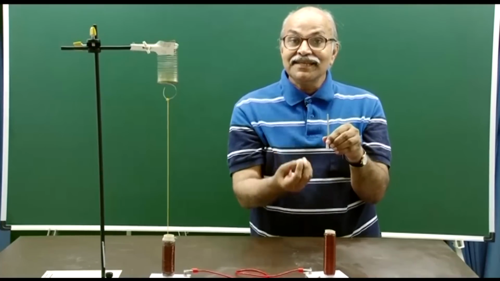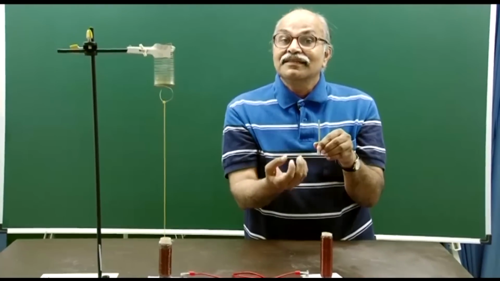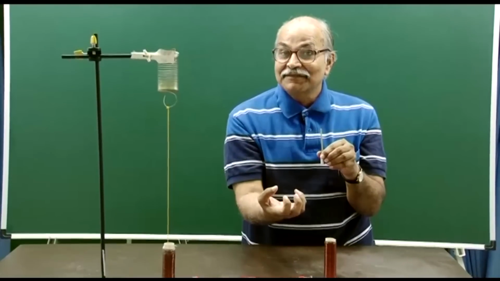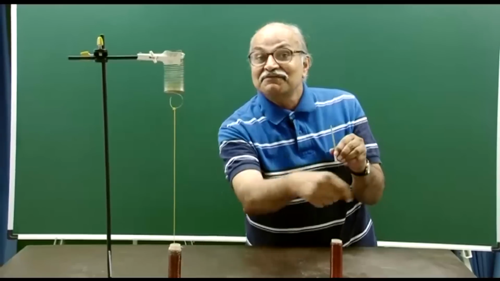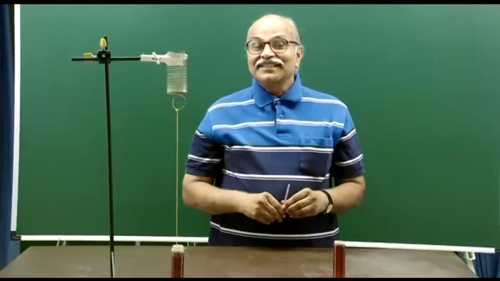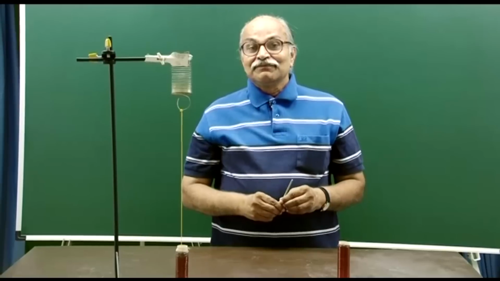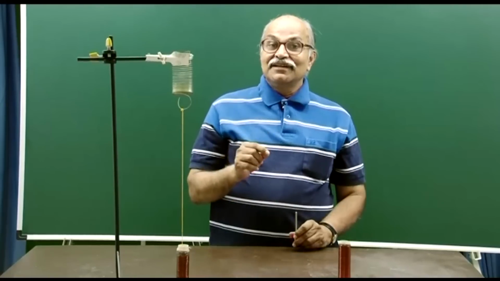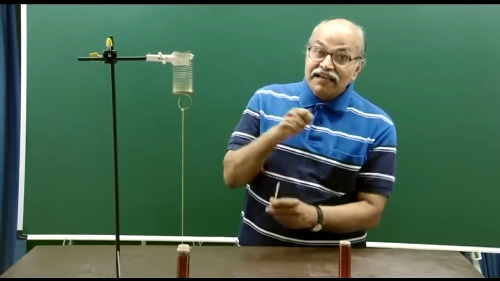If I just keep this magnet here, the magnetic field is different at different points but constant in time. This changing magnetic field creates an electric field, and that electric field drives current in this coil. That is the new physics: a changing magnetic field produces an electric field, and that electric field drives the current.